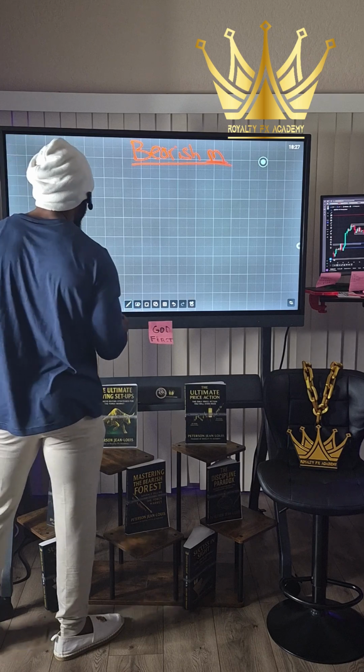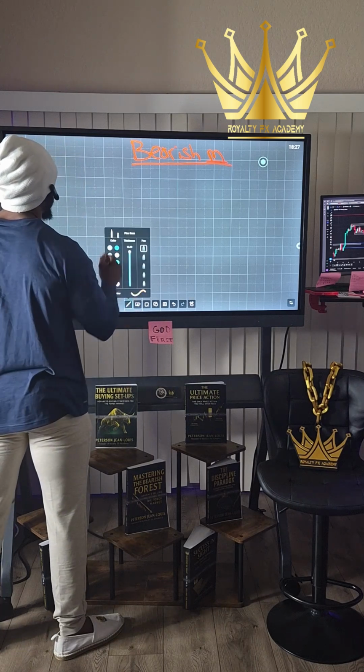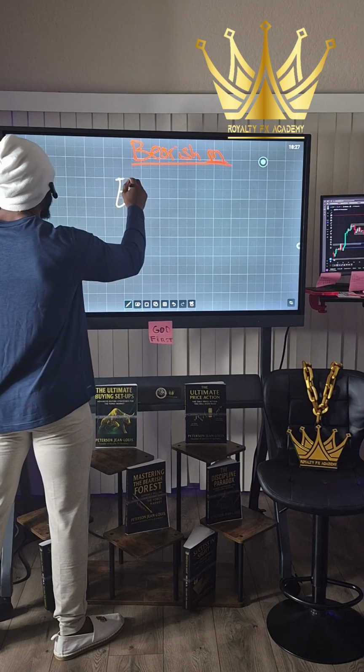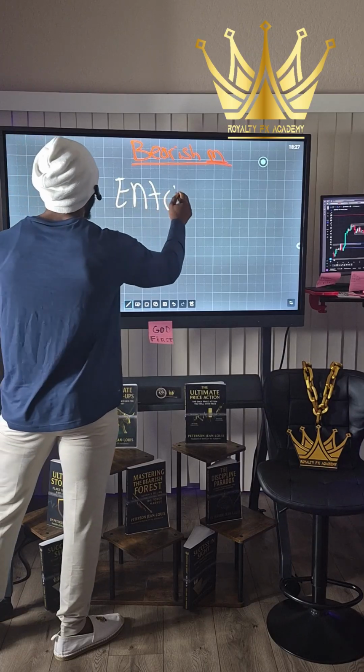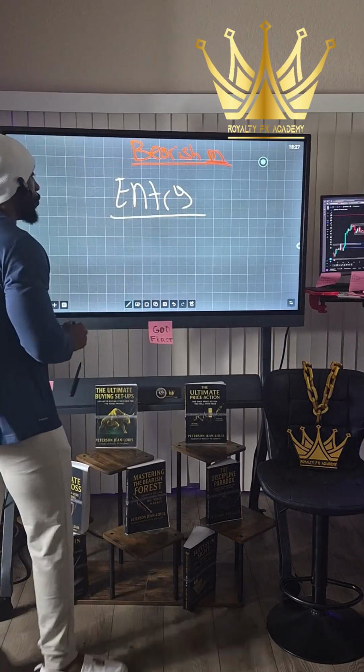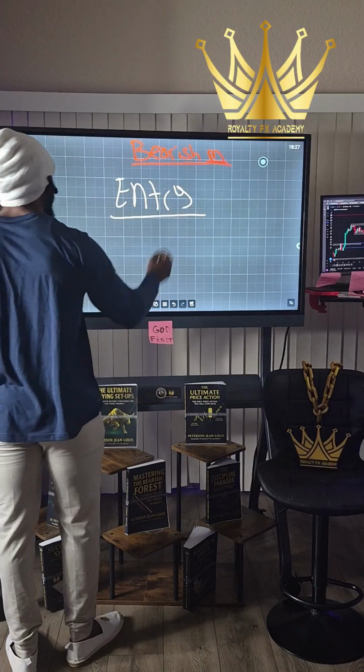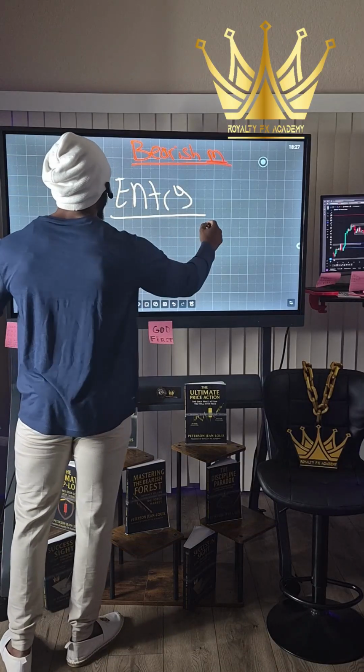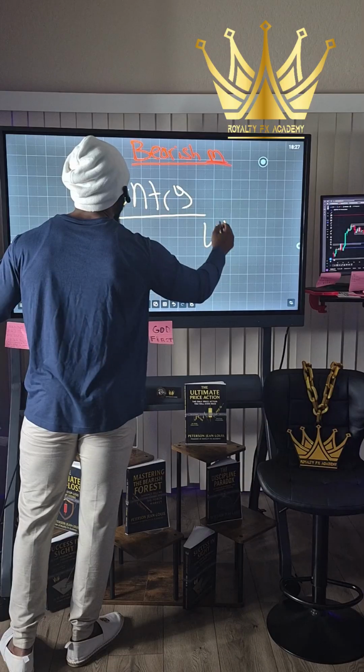Very simple. So when it comes to entry points, you look to enter your trade at a lower high.